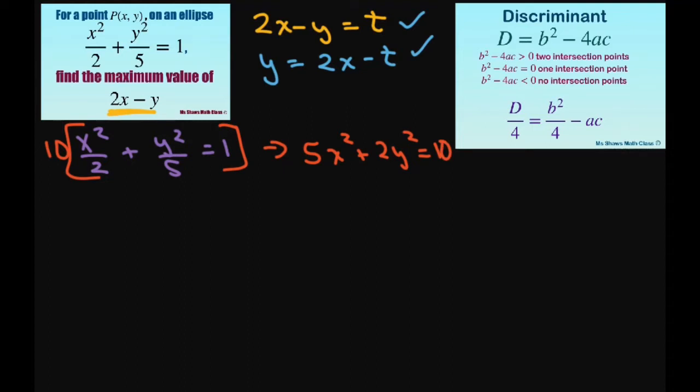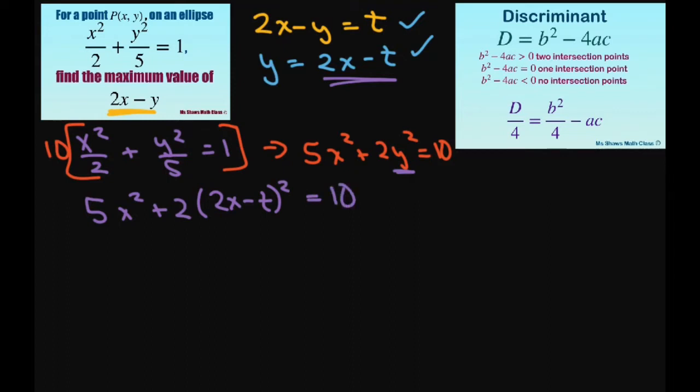When we substitute in our y, we get 5x squared plus 2 times (2x minus t) squared equals 10.